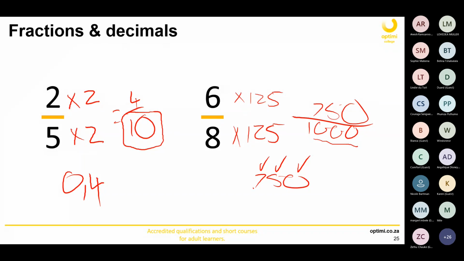So I can put the comma there. It becomes 0,75. 6/8 is 0,75. If they want you to show how you got to the answer, make the denominator a multiple of 10.